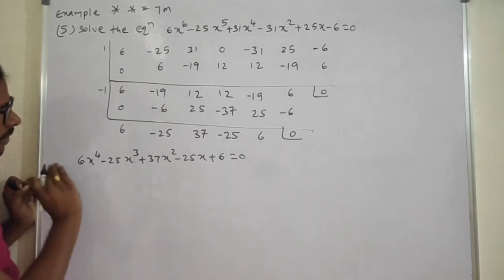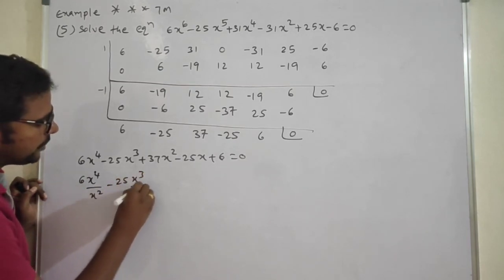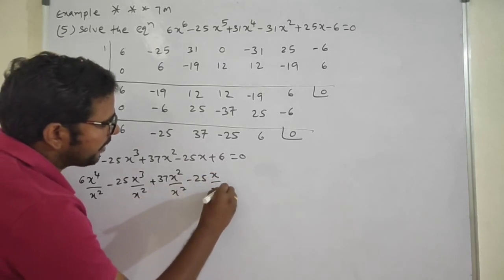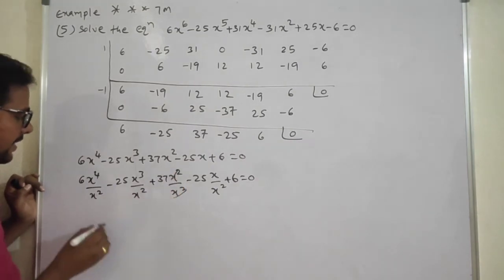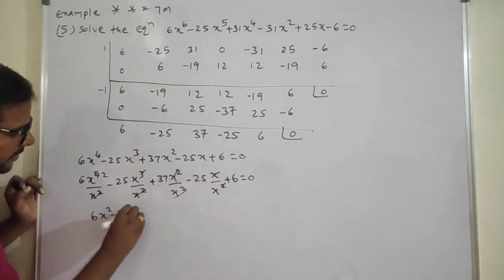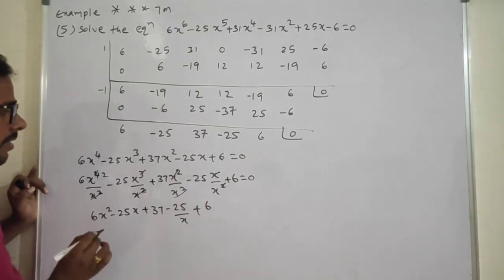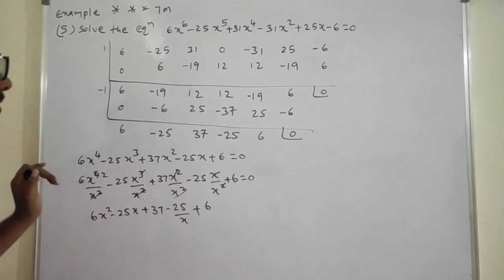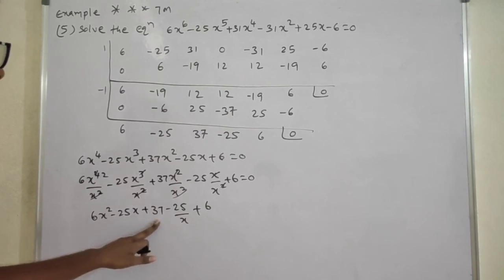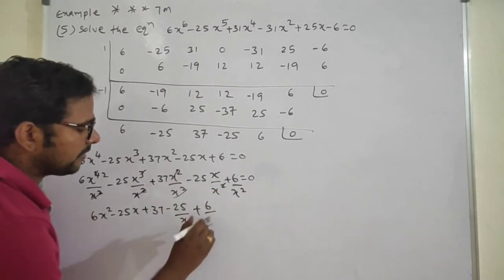Since we have x power 4, to get x square we have to divide the whole equation by x square. So 6x^4 by x^2 minus 25x^3 by x^2 plus 37x^2 by x^2 minus 25x by x^2 plus 6 by x^2 equals 0. After cancellation we get 6x^2 - 25x + 37 - 25 by x + 6 by x^2 = 0.